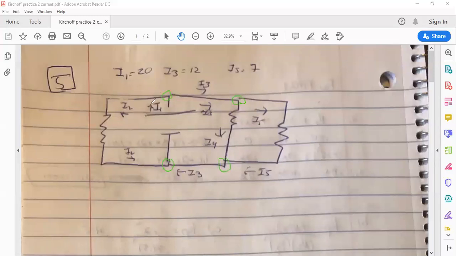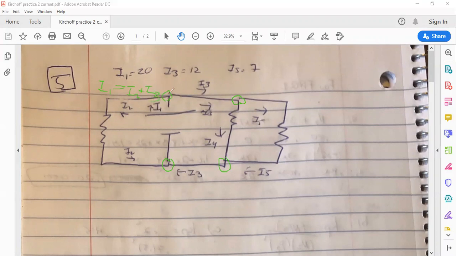Kirchhoff's law says that all the current going into a junction must equal all of the current going out. So if we look at this first one up here, I1 is going in, so that must be equal to I2 and I3.